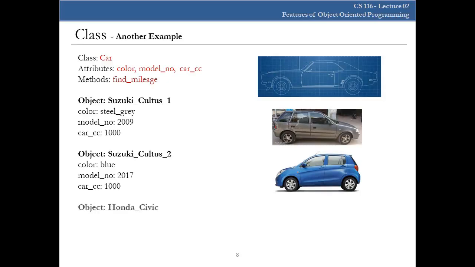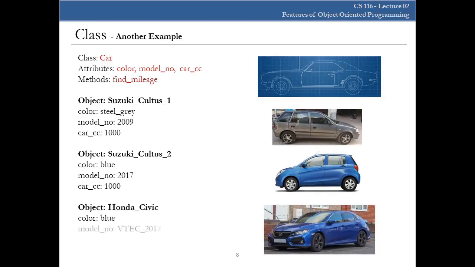And then I can define another object, Honda Civic. It's blue in color. I fortunately know the model number as well, and it's an 1800 cc car. Now these three objects will be allocated different memories, and since they are different objects, they will not interfere with each other. Although they share the same class or the same blueprint, they are still different objects.